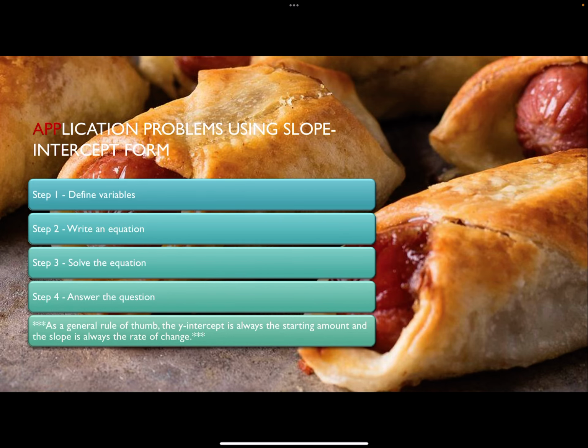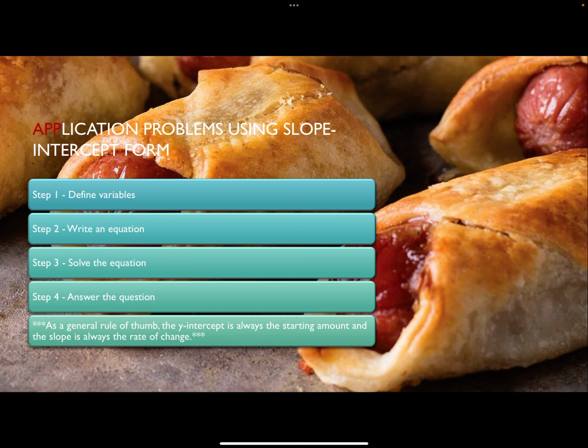Okay, so today we're going to talk about word problems or application problems using slope-intercept form. So here are some steps, and you may need to fill in the blanks on your note sheet. Step one, you're going to define variables. This is sometimes the hardest part for some people.